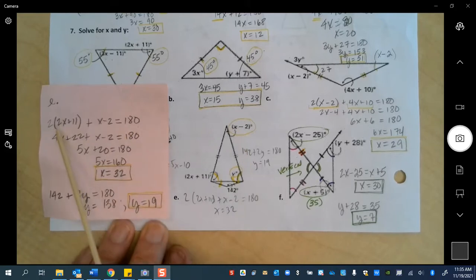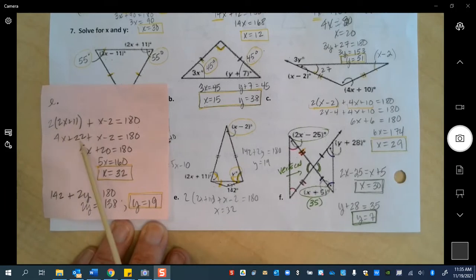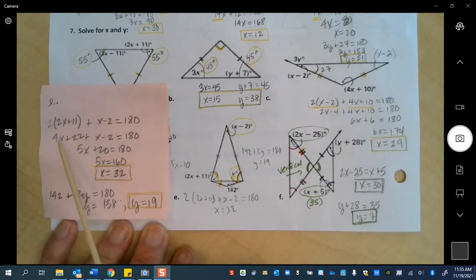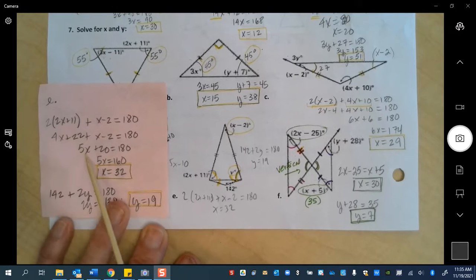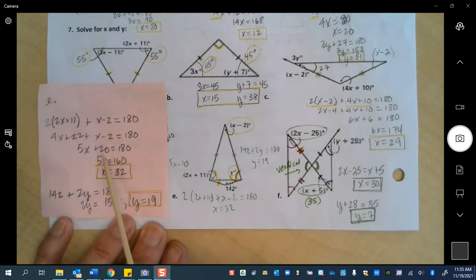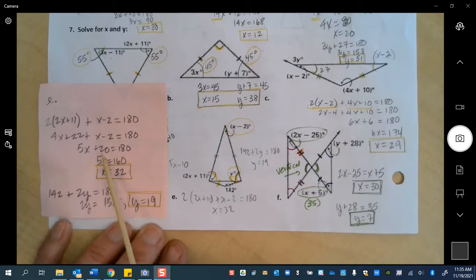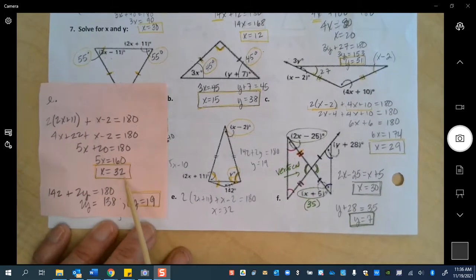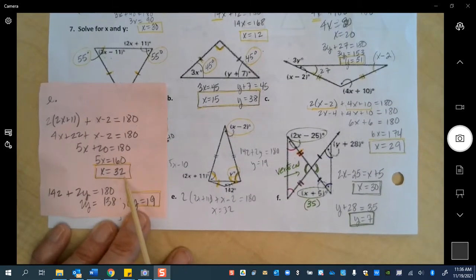So then when I distribute my 2, 4x plus 22, combine like terms, 4x plus x is 5x, 22 minus 2 is 20. Then I go ahead and get a value of 32 for x. Once I know that x is equal to 32, that helps me fill in these values, but that doesn't help me down here.